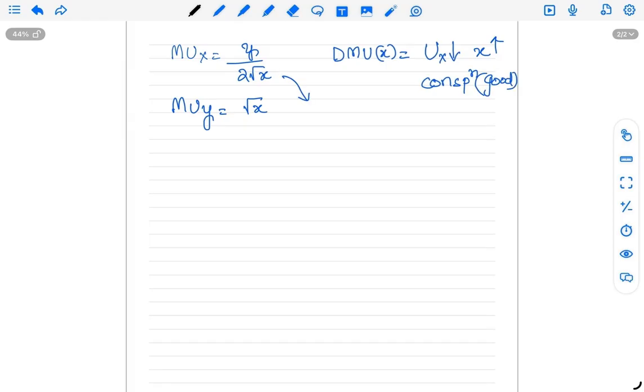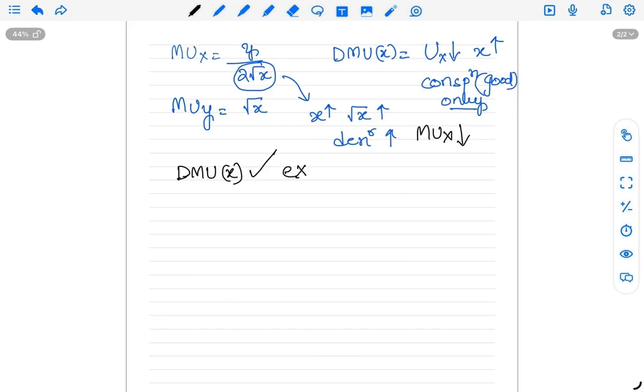From this equation, if the value of x increases, root x also increases, only x, not y, so the denominator value increases, and the numerator MUx, the marginal utility of x, decreases. So this exhibits diminishing marginal utility of x. Yes, it exhibits.